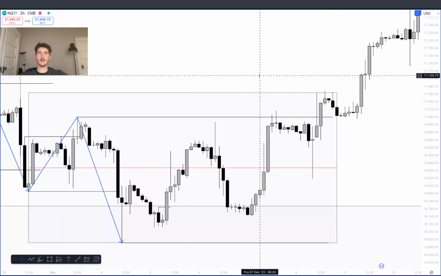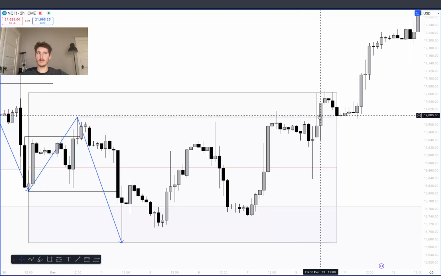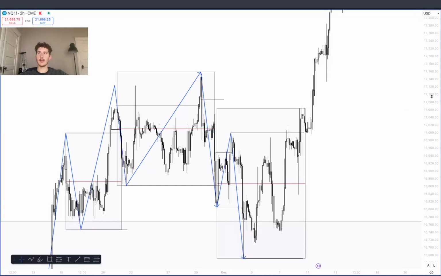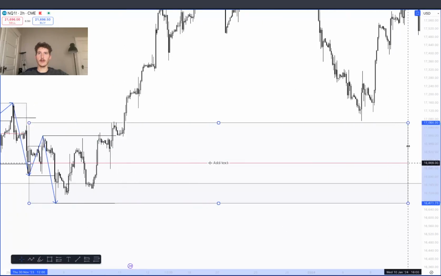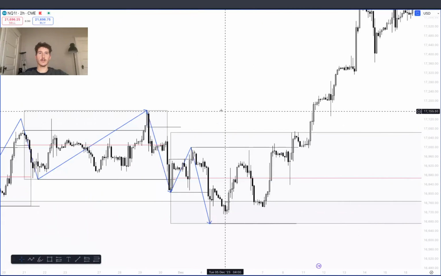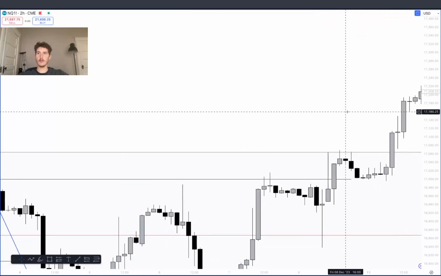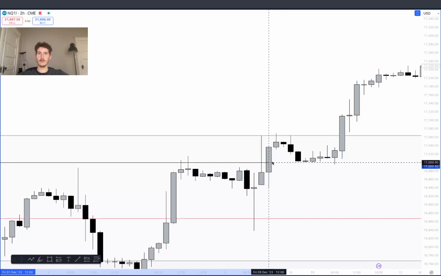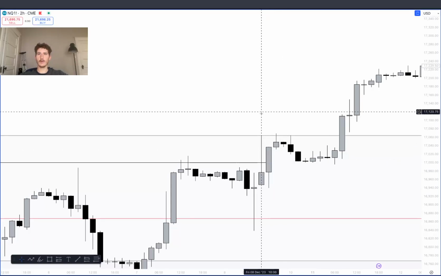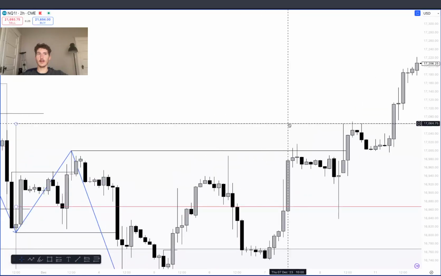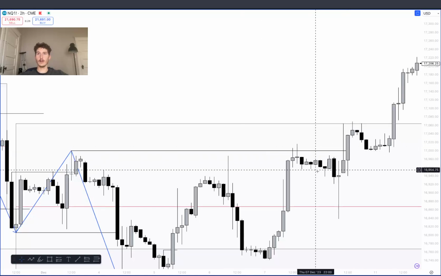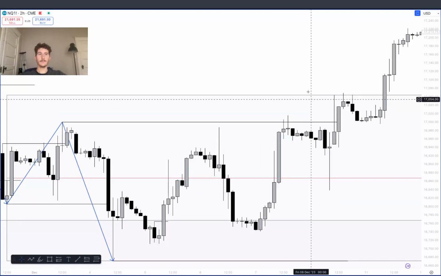All the wicks that happen before we go close above this protected high, I'm going to cover with my box, and I'm going to use that as my structural zone that I drag out to the right. That doesn't mean that I'm covering this wick with it, because this wick happened after this closure of this candle. So what I am covering is just this wick here because it happened before we closed out and confirmed this flip up.